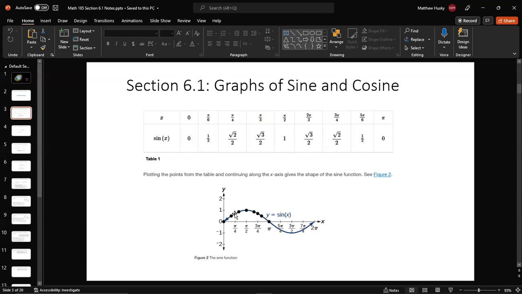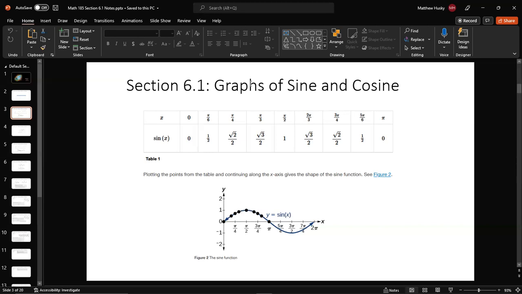It's actually about 0.7. So there's root 2 over 2, which is like 0.7-ish. You've got root 3 over 2, which is about 0.87. So you're working your way up here.